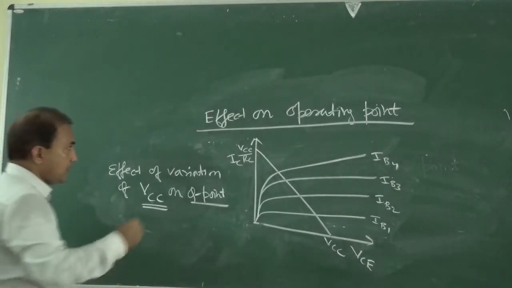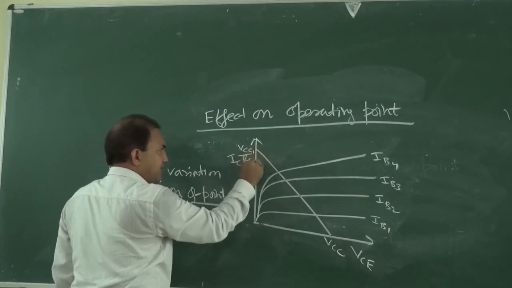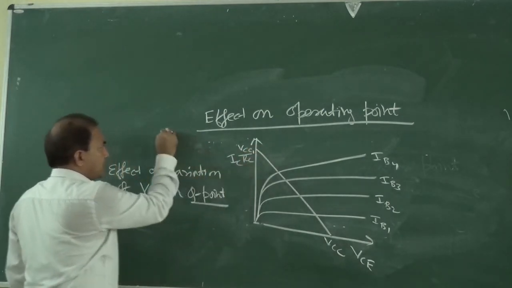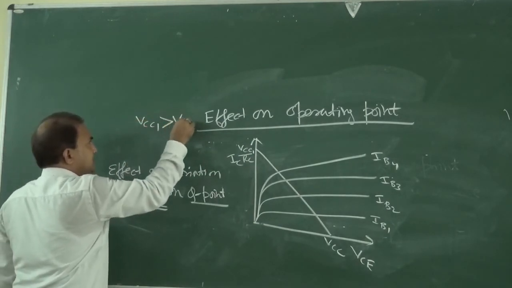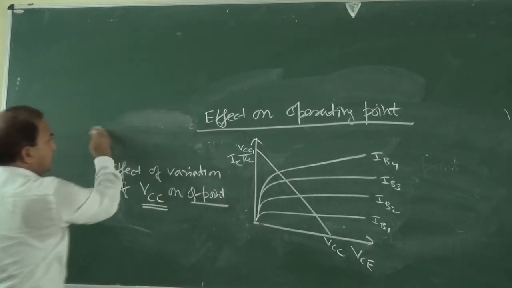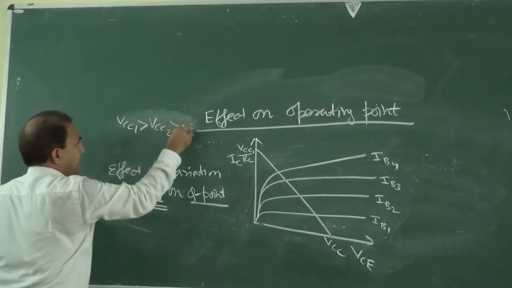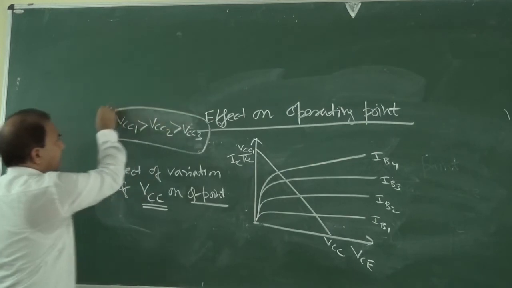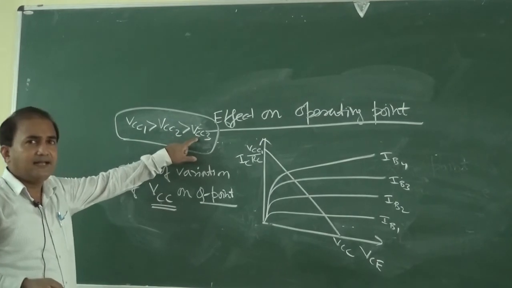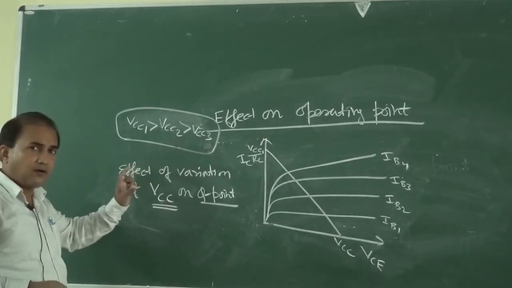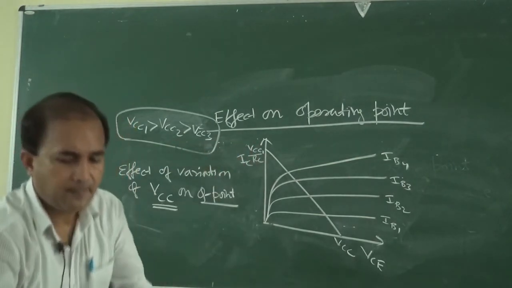Now this is VCC1 divided by RC. Suppose VCC1 is more than VCC2, and more than VCC3. If we apply three supplies, VCC1, VCC2 and VCC3, then we will study the effect of variation of VCC on the Q point.